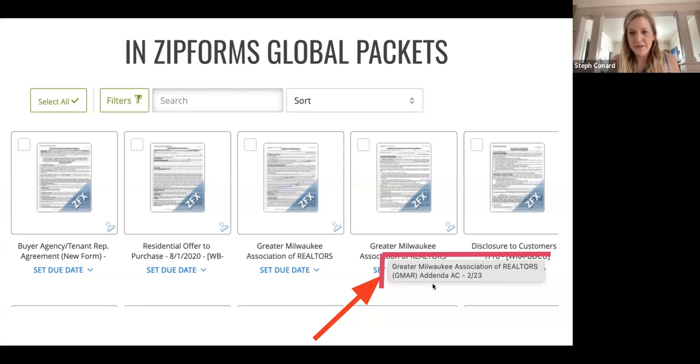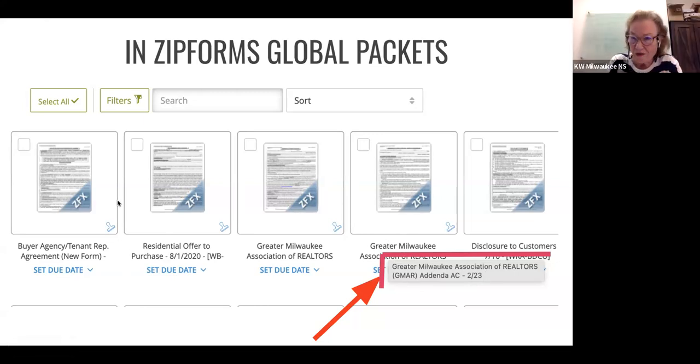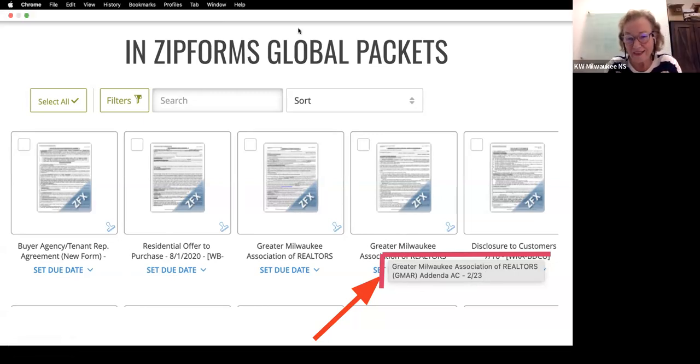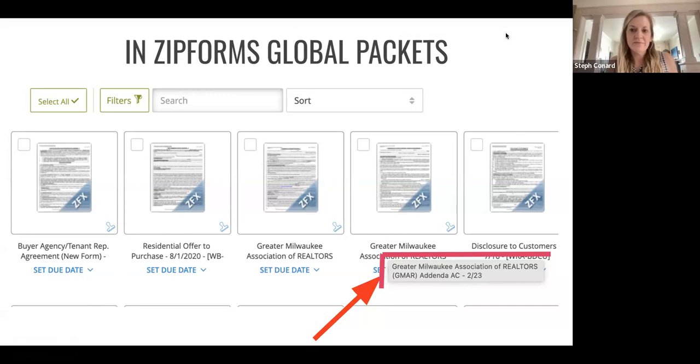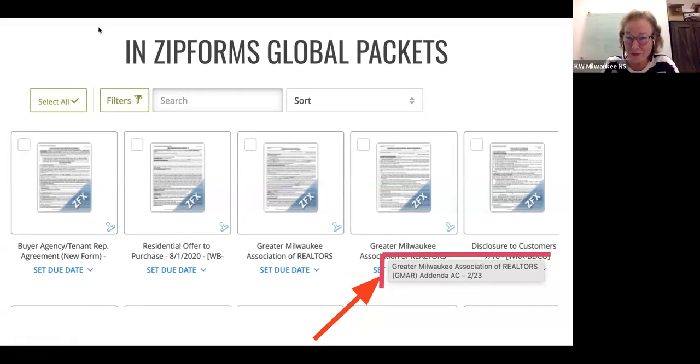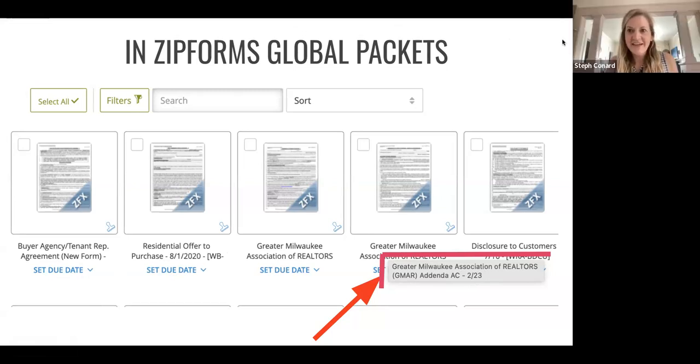It's the Addenda AC right next to the Addendum A. I've gotten quite a few calls from agents saying they can't find it. And it's because it starts with Greater Milwaukee Association. I was a little annoyed with how they labeled it, but that's okay. But it is in the zip forms packet, so it's right there for you.